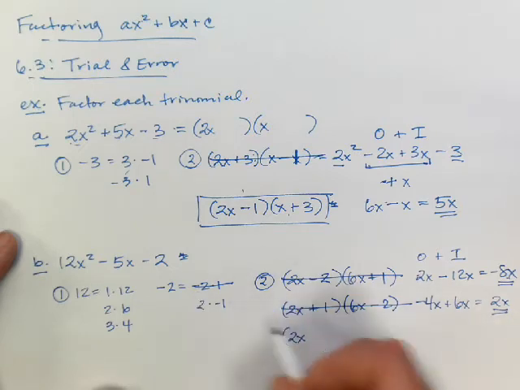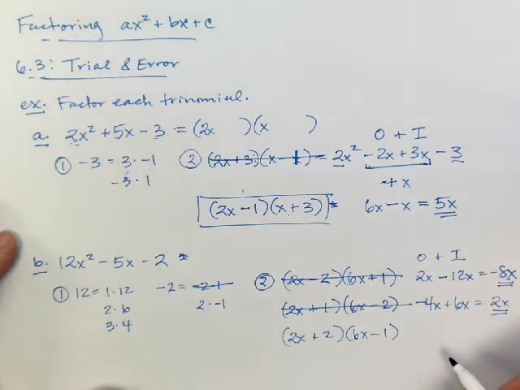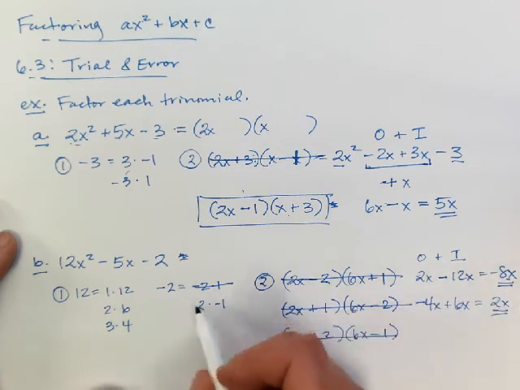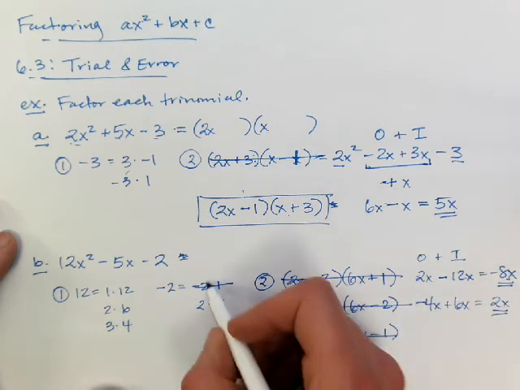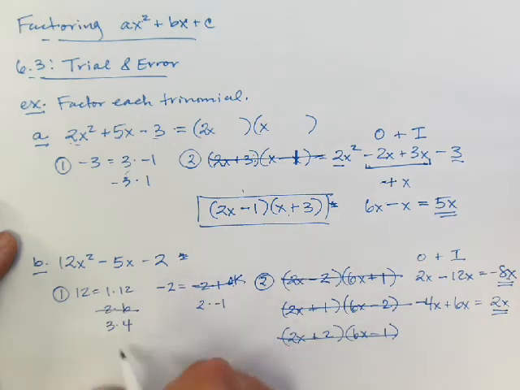I'm sorry, I think that won't work either. That would just switch our sign. It means the 2 times the 6 gives us too big or too small of numbers. Let's try maybe the 3 and the 4.